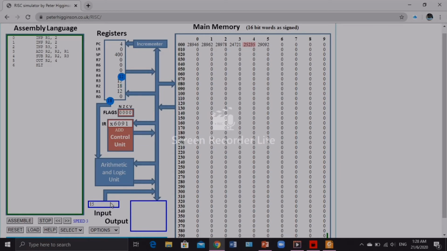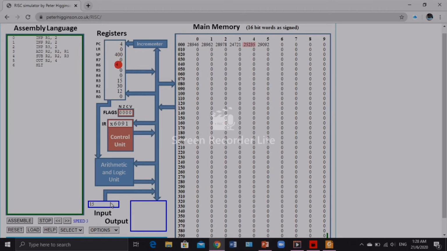Then the instruction is interpreted, and the arithmetic logic unit adds the 2 numbers from the 2 registers, R1 and R2, which are 18 and 12, and the answer, which is 30, is stored in R2. That's what it means.